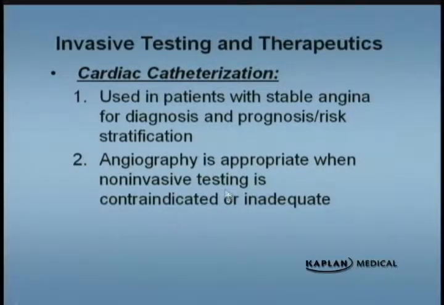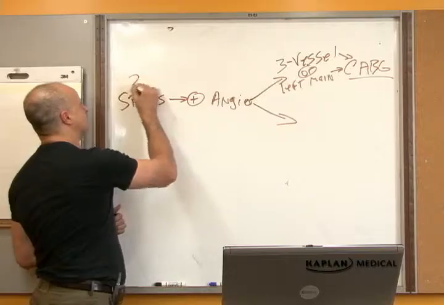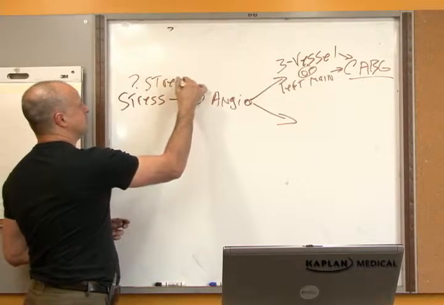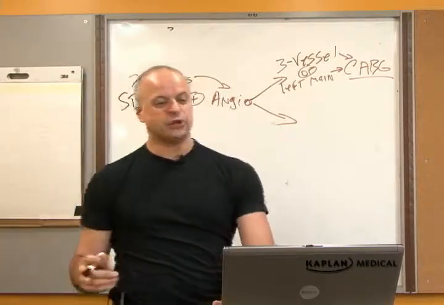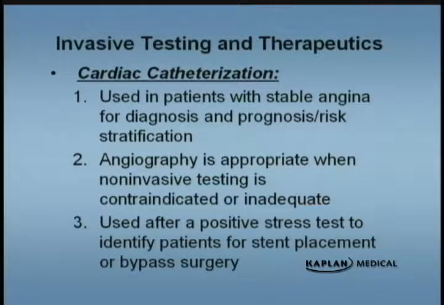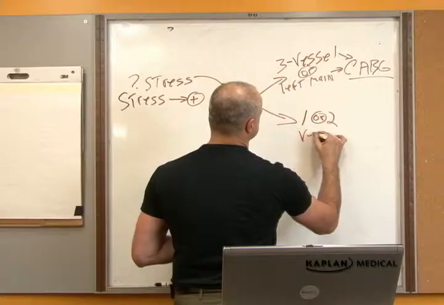Angiography is used also if, what do you do when you have an equivocal stress test? Angiogram. Stress test that's positive, equivocal stress test. And they use it to determine, see this where it says stent placement? Stent placement is what you do if somebody has 1 or 2 vessel disease.